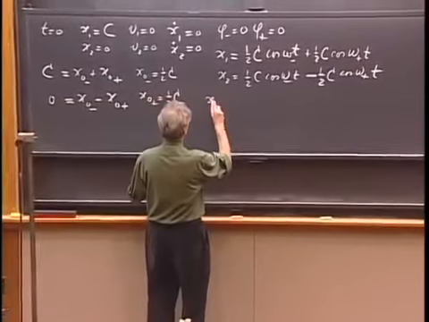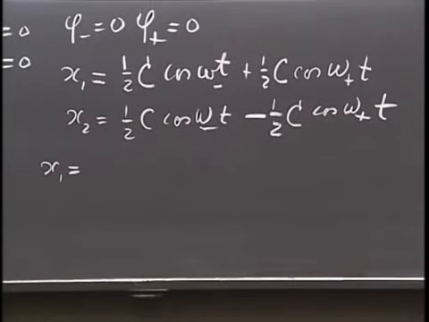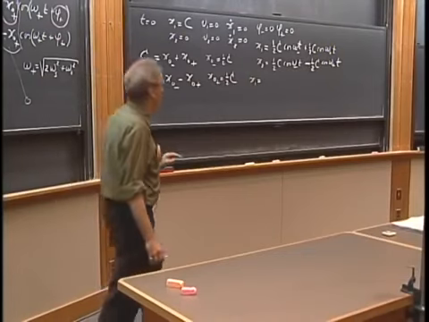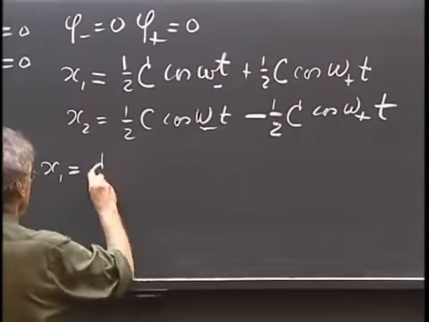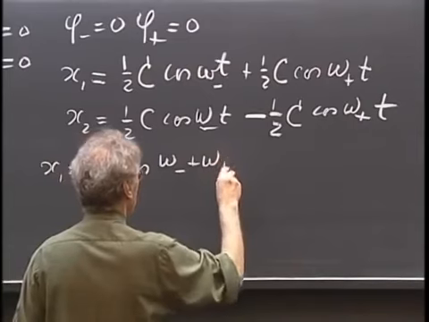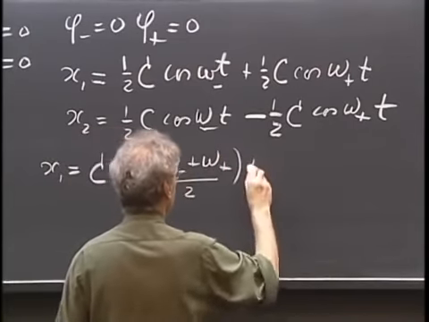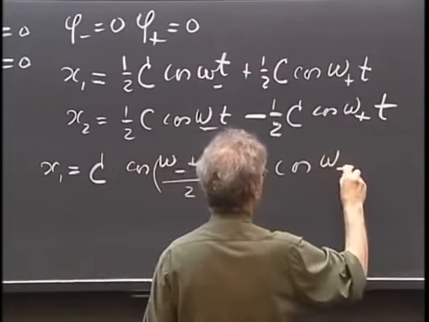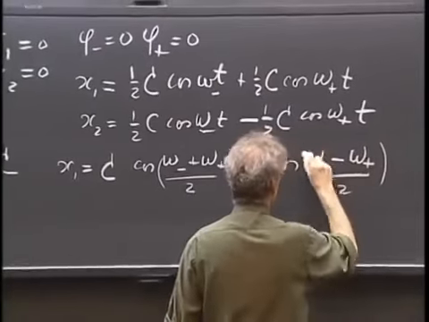So I can write down x1 as twice the cosine of half the sum times the cosine of half the difference. So that 2 that I get eats up these 1/2s. So I get c times the cosine of omega minus plus omega plus divided by 2 times t times the cosine of omega minus minus omega plus divided by 2 times t.